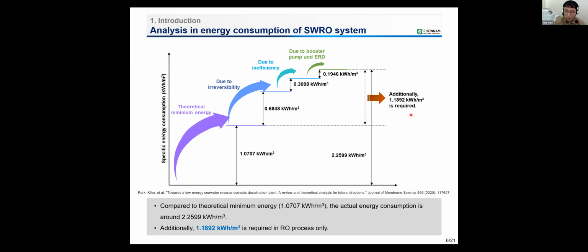So there is room to reduce the energy consumption, and as you can see in this data, irreversibility is the highest portion of the additional energy consumption. So we have to think about how to reduce the irreversibility in SWRO systems.